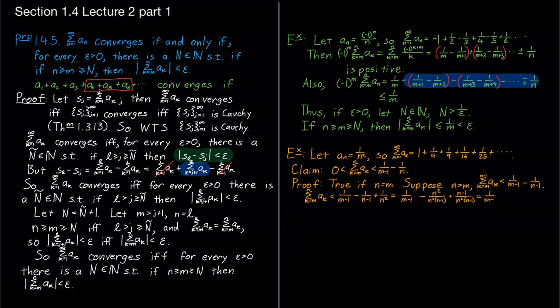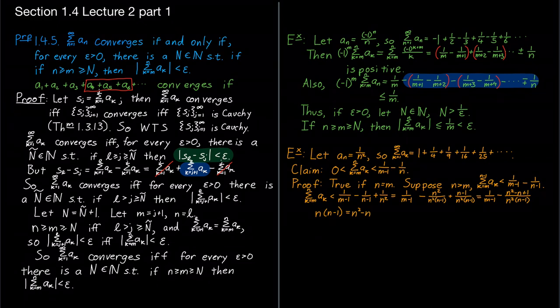1 over m minus 1. Then we subtract from that n squared minus n plus 1 over n squared times n minus 1. And then n times n minus 1, that's n squared minus n.